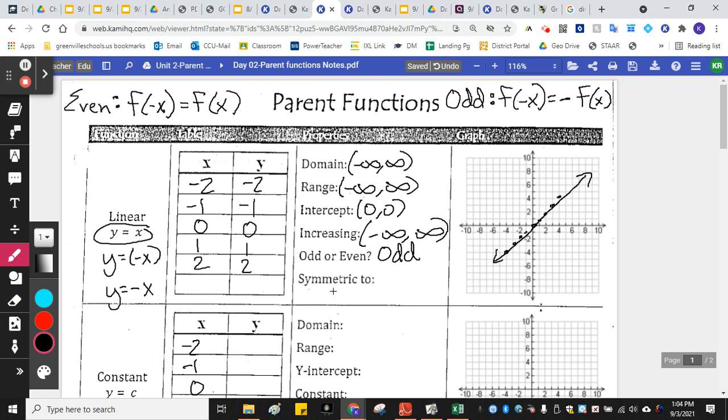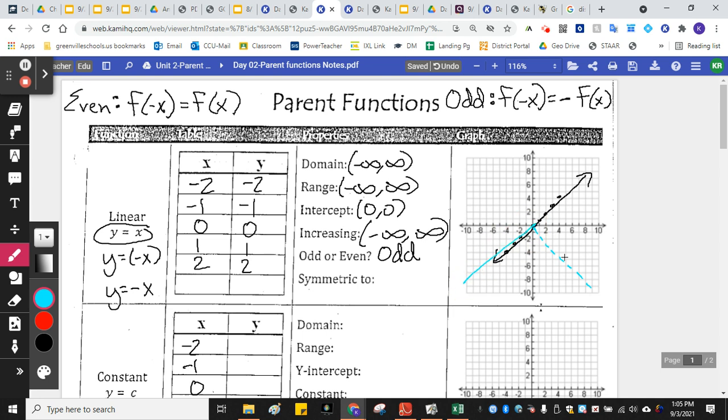This is symmetric to the x-axis, y-axis, origin, or nothing. Is it symmetric to the x-axis? No. Y-axis? No. Origin? To be symmetric about the origin, it's like a twofold. You fold it over the x-axis and then over the y-axis. So I'll fold this top right quadrant down over the x-axis and then over the y-axis.